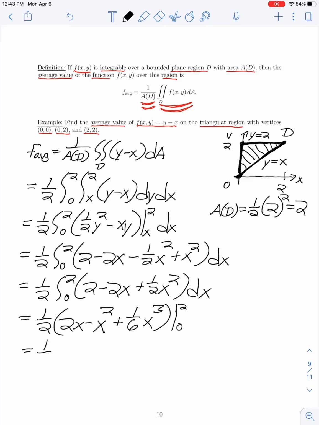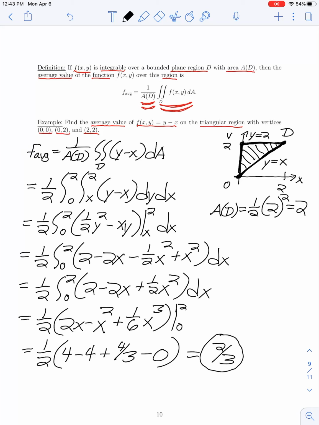So substituting 2 for x, we have 1/2 of 4 minus 4 plus 8/6, or 4/3. And then we subtract what we get when we plug in 0, which is just 0. So we're left with 1/2 of 4/3, or 2/3, for the average value of this function over that triangular region D.